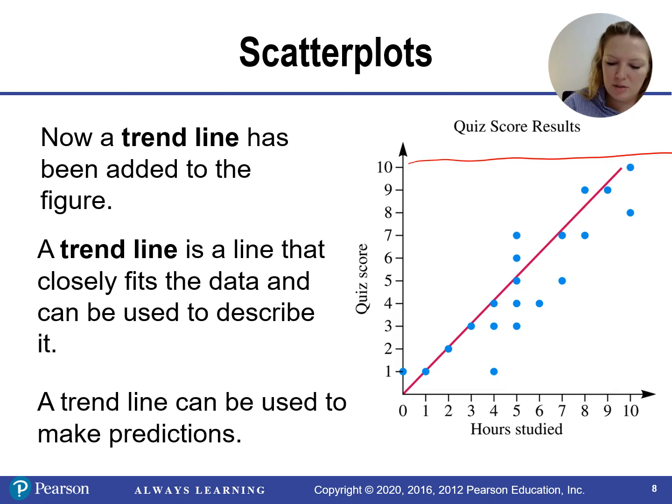So even though this trend line appears to be increasing, that doesn't mean that if we study 100 hours we can get a 50 on the quiz. The maximum quiz score was a 10. So there are bounds to this prediction.